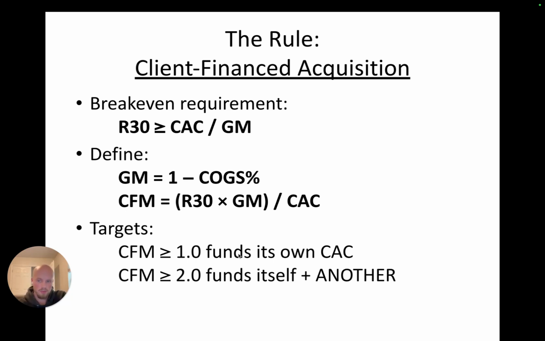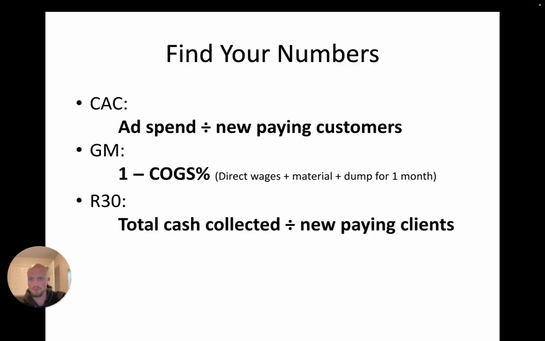That means each customer we're getting pays us enough to pay the team and to cover their cost of acquisition. If CFM is two or greater, that customer is going to pay for themselves, pay their customer acquisition cost, and pay another customer's customer acquisition cost.